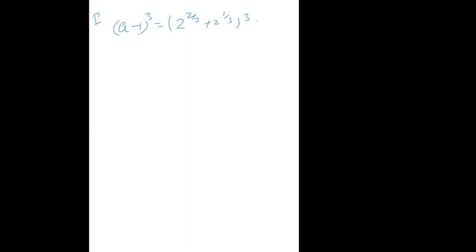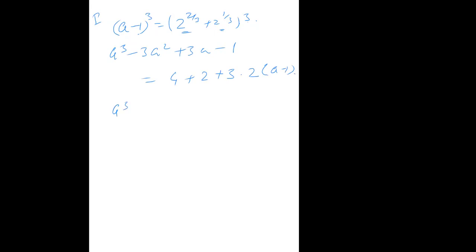First, Vaishnavi is suggesting why not cube both sides. So okay, a cube minus 3a square minus 3a minus 1 is equal to a cube 4 plus b cube 2 plus 3ab(a plus b), and a plus b is nothing but a minus 1. I guess you're getting the answer.